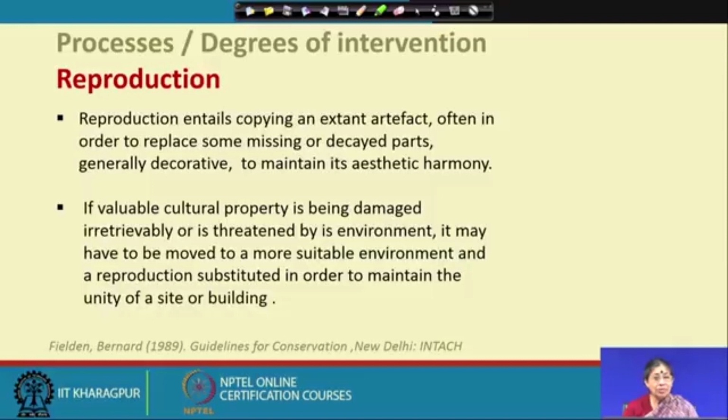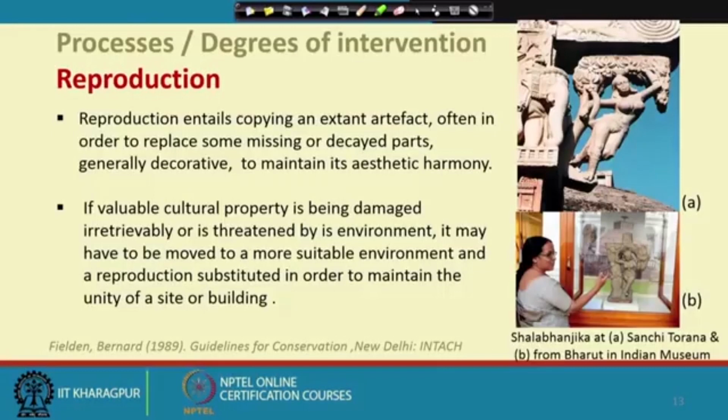If you remember, we have discussed the blast furnace in the Iron Gorge Museum, and Shantiniketan. They have been kept on the sites, but there are situations where it has to be taken to a safer environment to preserve it, and then probably replaced with a substitution.